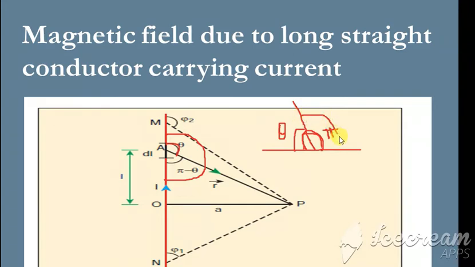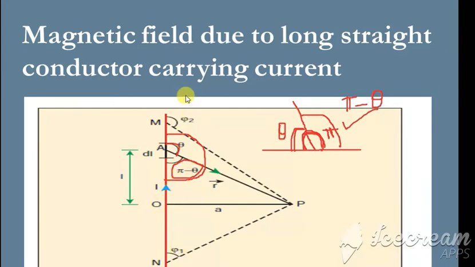This value can be written as this full angle minus this. Same way you are writing this angle to be pi minus theta.